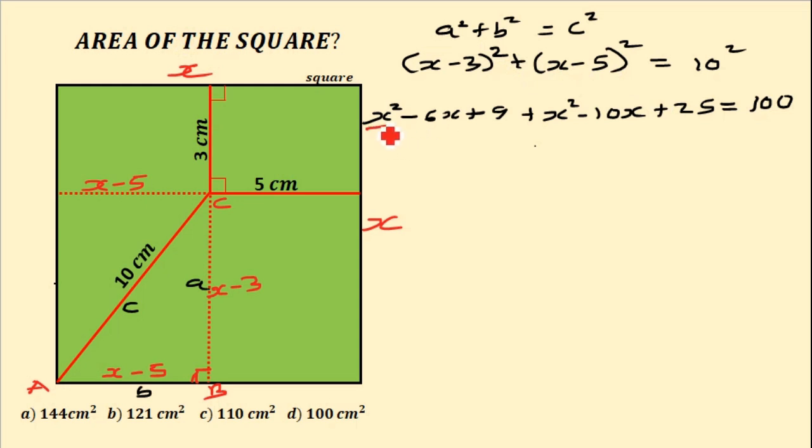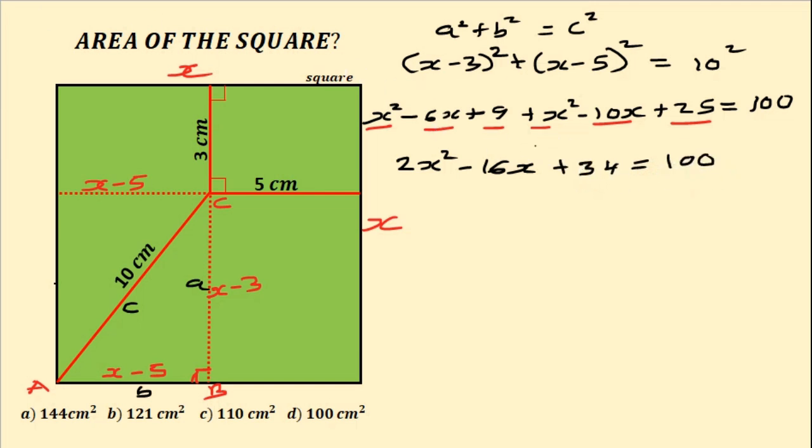So when we start, x squared plus x squared will give you 2x squared. Then again, minus 6x and minus 10x will give you minus 16x. Then again, plus 9 and plus 25 will give you a total of plus 34 to be equal to 100.